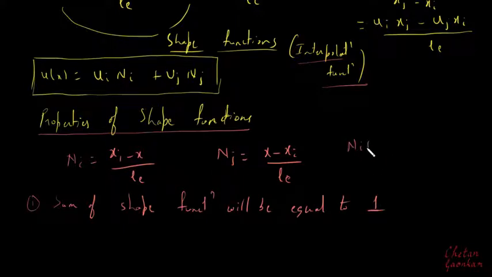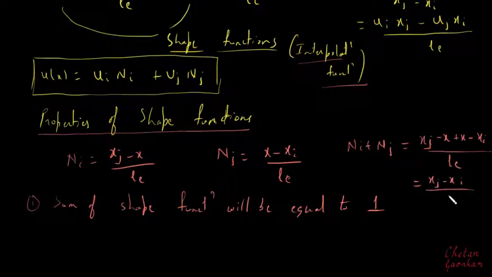So Ni plus Nj will be equal to (xj minus x plus x minus xi) divided by Le, and this will give us (xj minus xi) by Le, and xj minus xi is nothing but again the length of the element Le, so this will become Le by Le, and that will become 1. So the sum of the shape functions will always be equal to 1. This is the first property of shape functions.